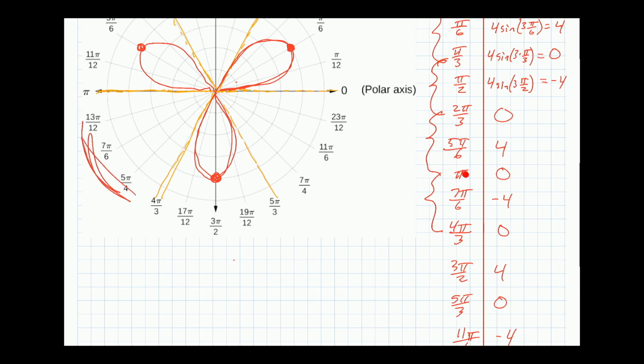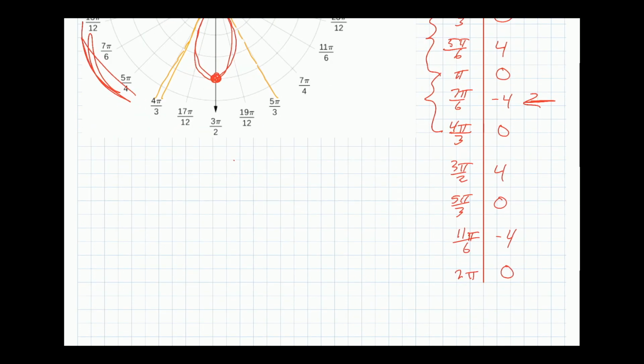From pi, 7 pi over 6, 4 pi over 3, this section. But again, you're not going to have a petal there because the radius is negative. So instead of having a point here at 4, it's actually -4, which is over here, and that's the one we already drew.